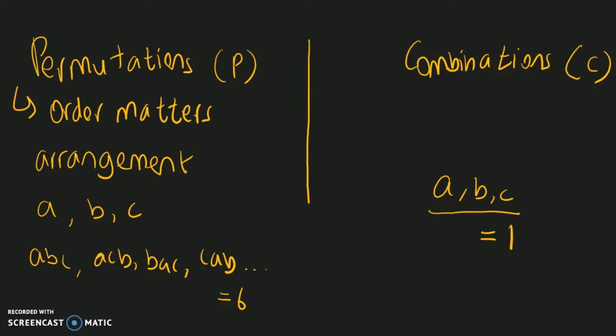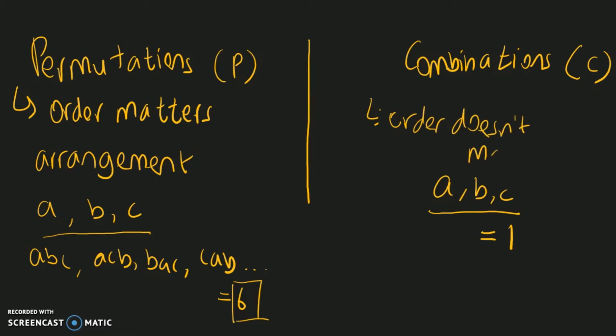But if we do the permutation of A, B, and C, and the order is taken into account, we'll get six, and overall with six possibilities of rearranging A, B, and C. So that is the distinct difference between permutations and combinations. In combinations, order doesn't matter. So I just explained one where we rearrange the three letters.